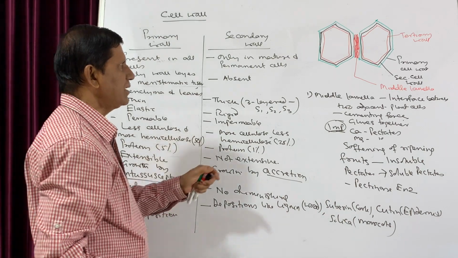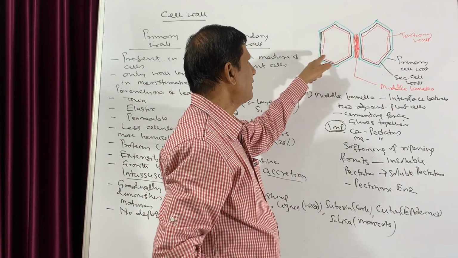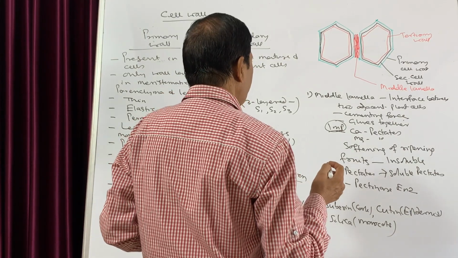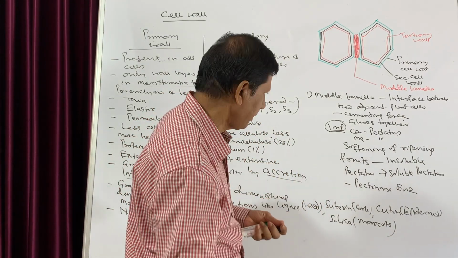Only in a few cases you will get the tertiary wall, this red line which is inner to it. That is known as tertiary wall. So I am writing the tertiary wall here.